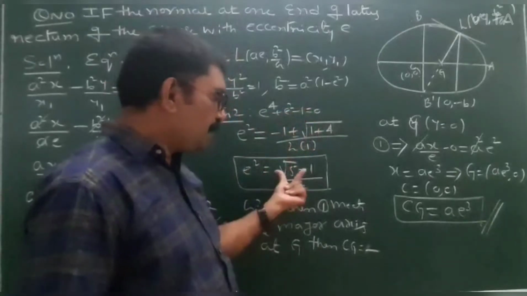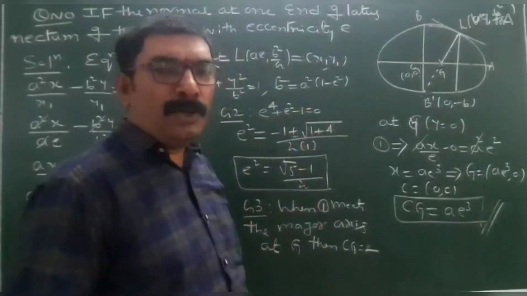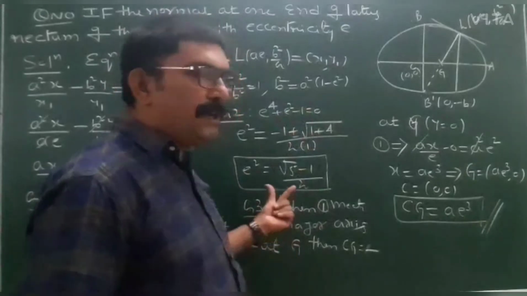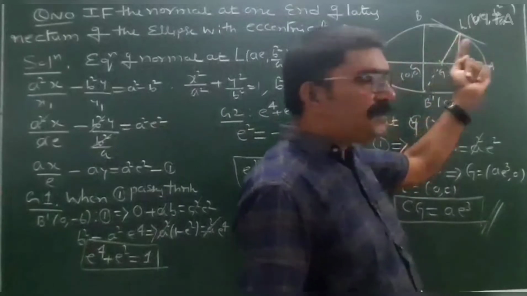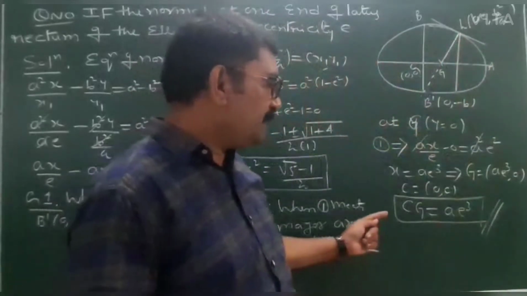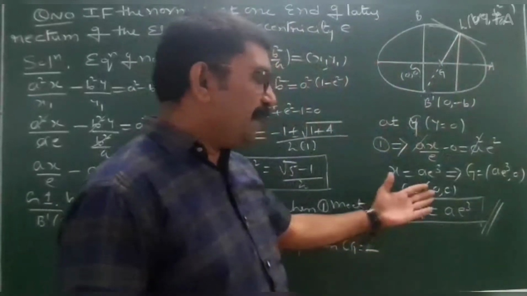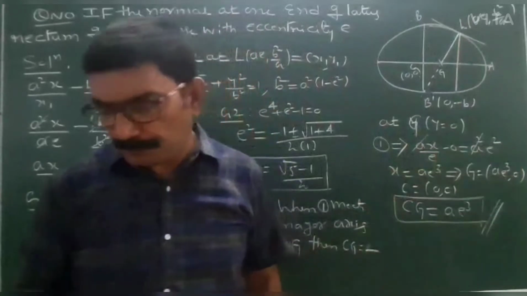Then e² is (√5 − 1)/2. Meanwhile, when the normal drawn at one end of the latus rectum meets the major axis at G, then CG is equal to ae³.